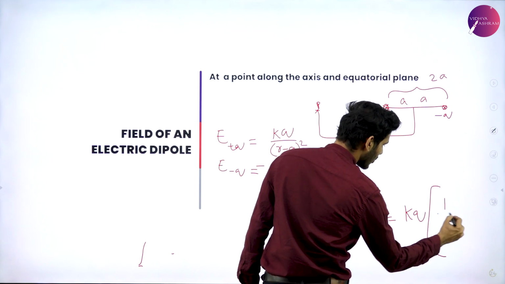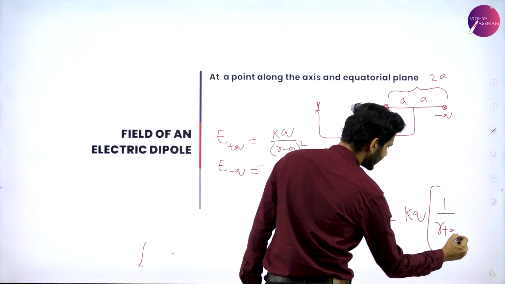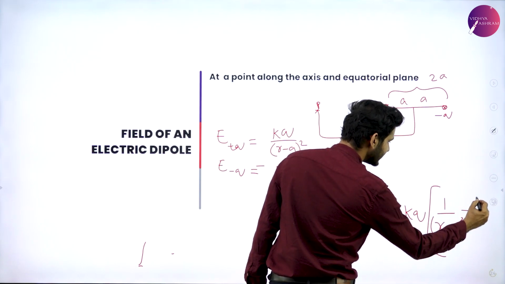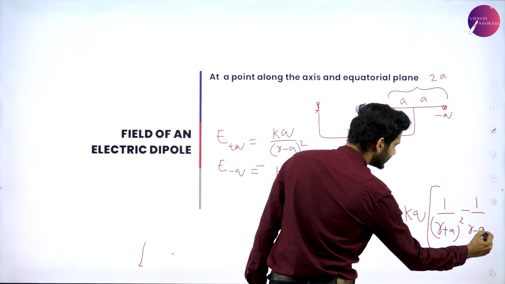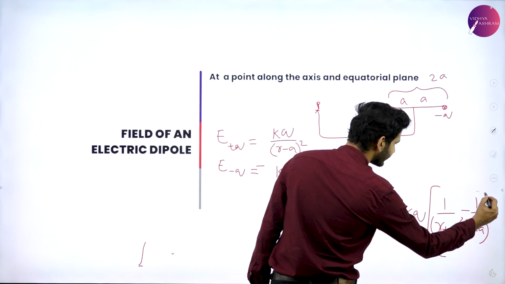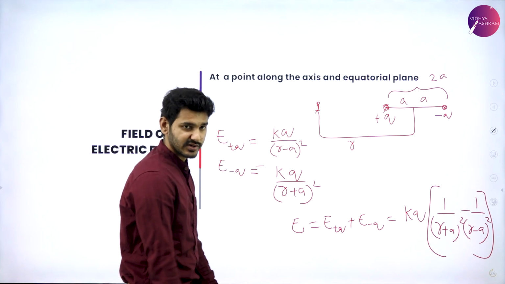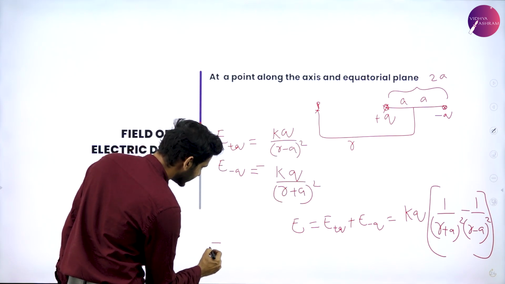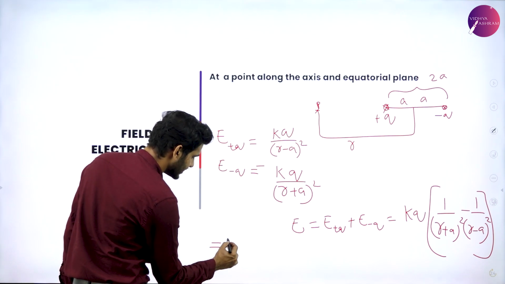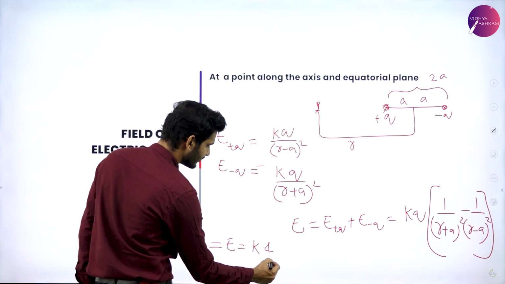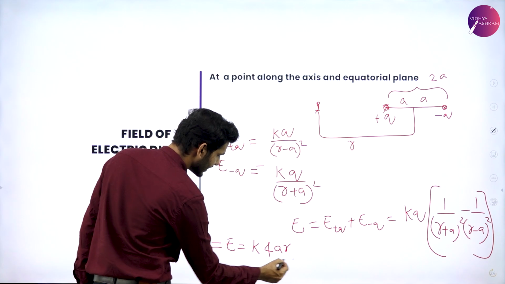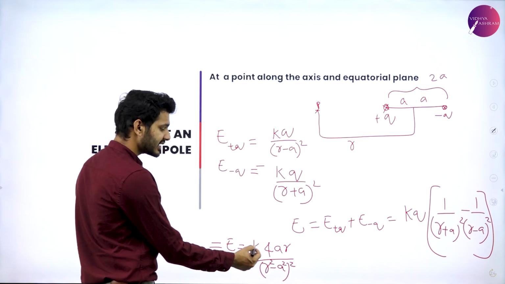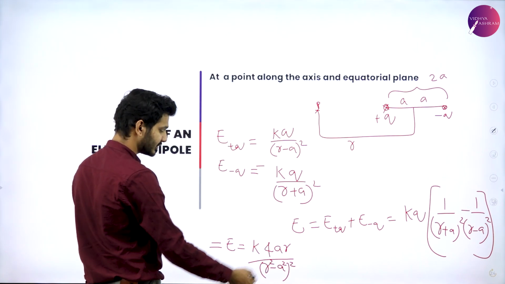And finally, 1 by r plus a whole square minus 1 by r minus a the whole square. So this was the equation we got. We simplified that and we got the final result as E is equal to K into 4ar divided by r square minus a square the whole square.